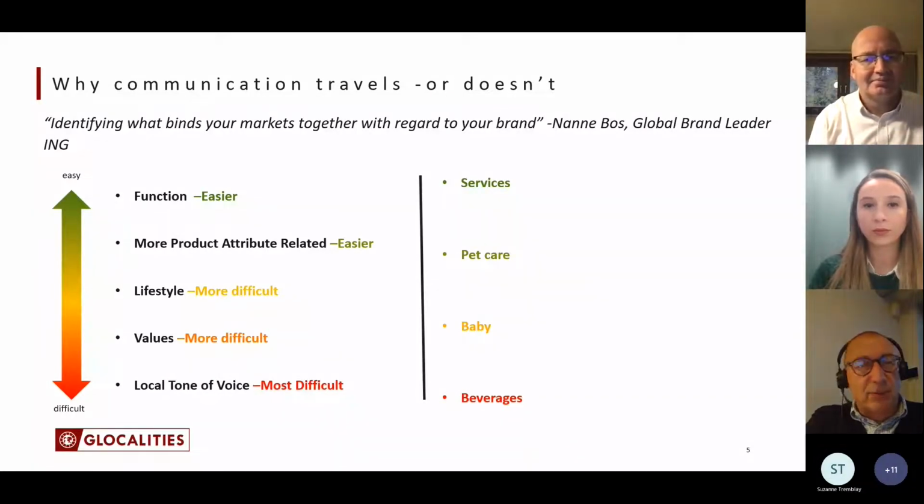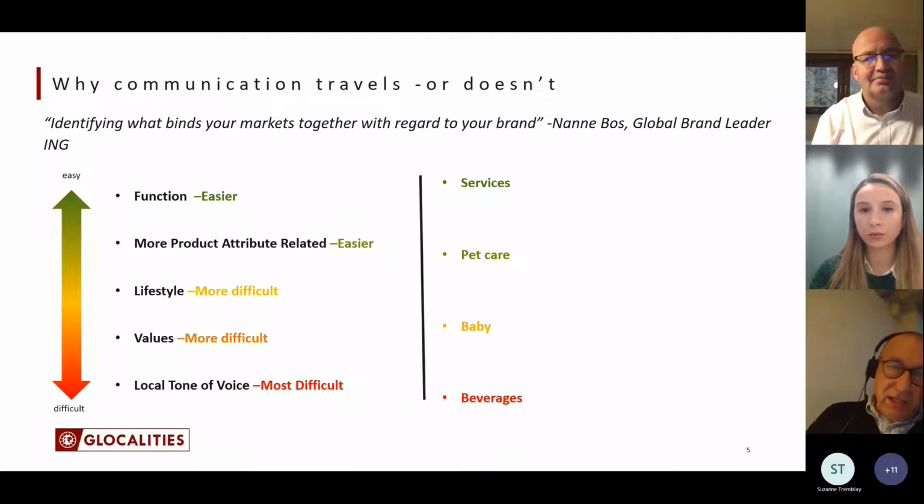If we look at the next slide, we can also explain why this is so important. Nana Bos, one of our first clients of Glocalities, said it very clearly: the purpose is to identify what binds markets together with regard to a brand and what sets them apart. In all the research we have done so far, we see that there is a range where it goes more easily and where it is more difficult.